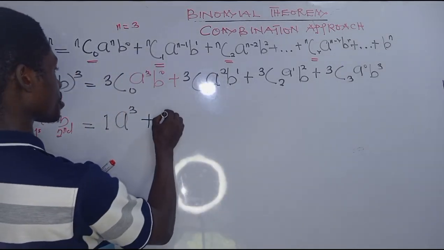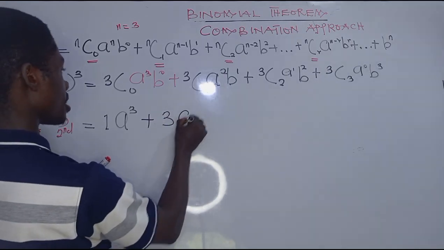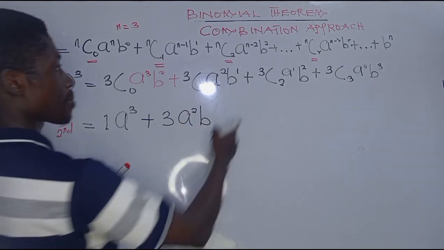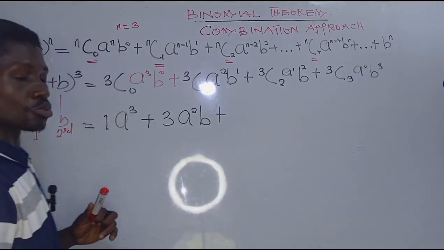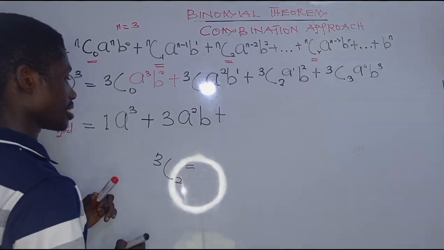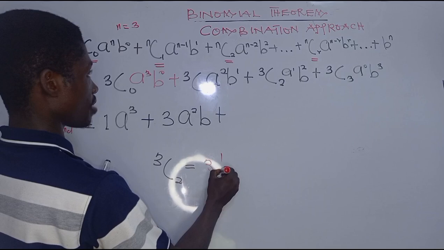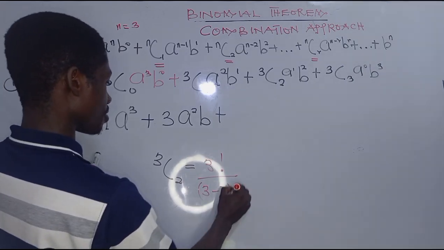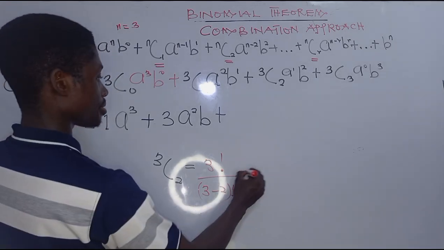So we have 3. That's for the combination. And then we have A raised to the power 2, and then B. Then we have our plus 3 combination 2, which is the same as 3 factorial all over 3 minus 2 factorial, and then we have 2 factorial.